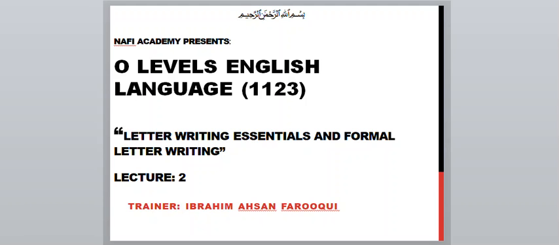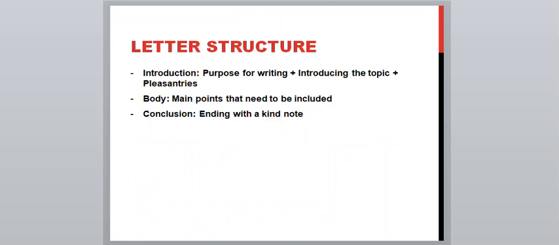Now, when it comes to letter writing, we are aware, or we should be aware, that letters are generally divided into two types: formal and informal. Formal letters are those that are addressed to a stranger perhaps, or a respected member of the family, an elder in the family perhaps, or to a company and perhaps an organization.